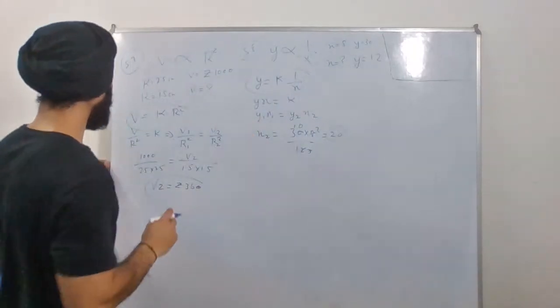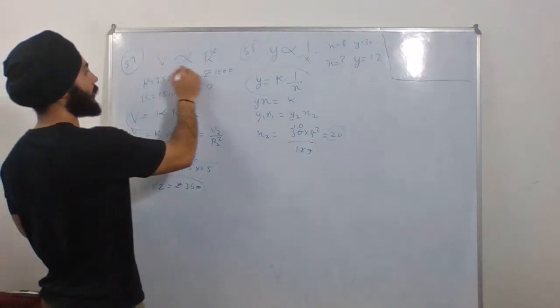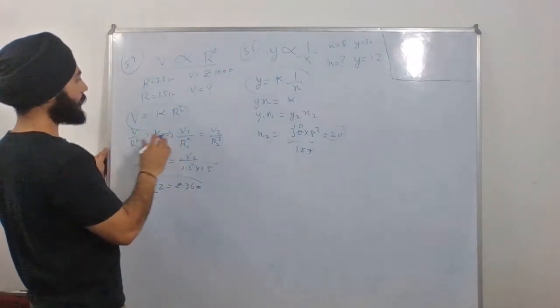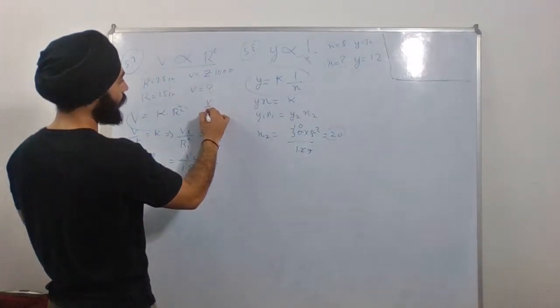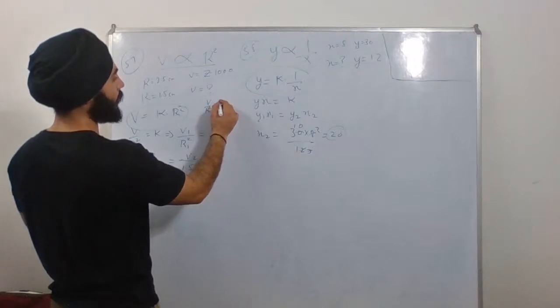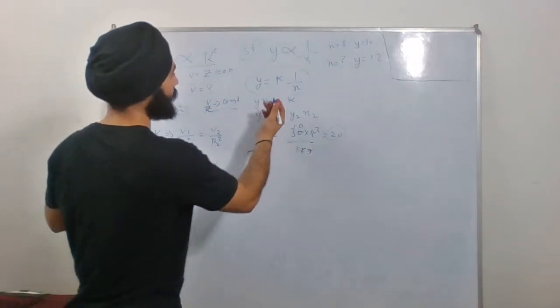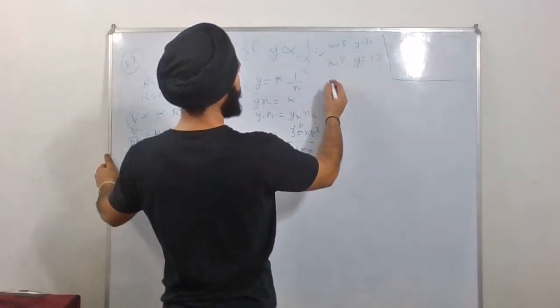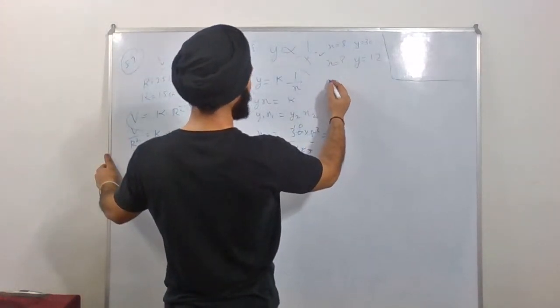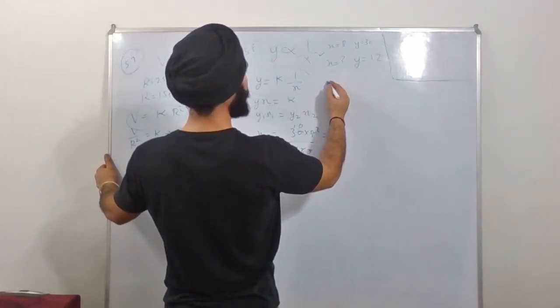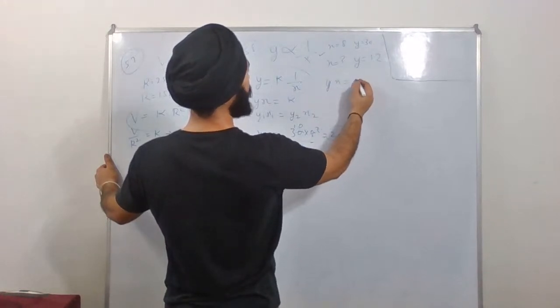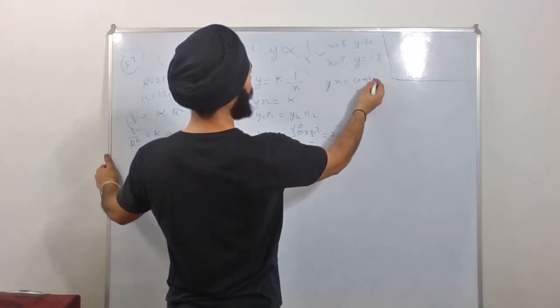What I say is, if something is directly proportional to this, then the ratio of the two quantities is constant. And when something is inversely proportional, then the product of the two quantities, product meaning y into x, is equal to a constant. This I want to explain.